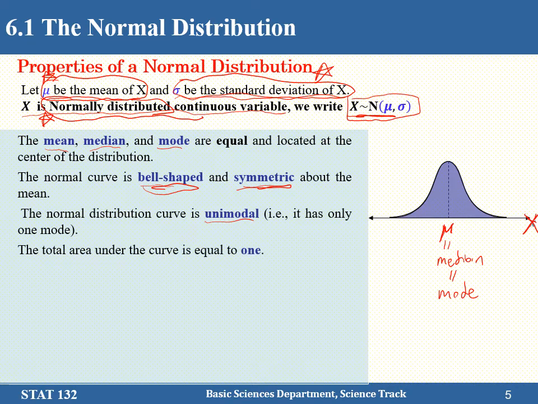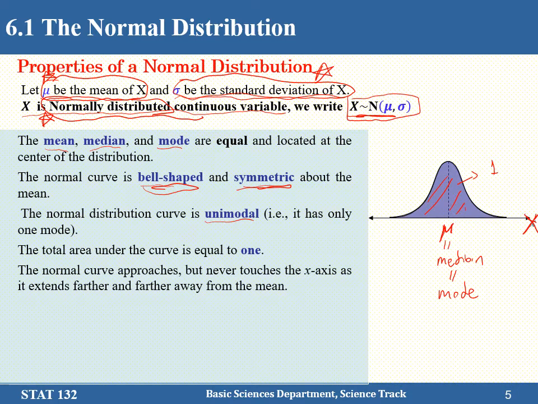And the total area under the curve is equal to 1. So we already know that this is just 1 here, or in terms of percentage, it's just 100%. The normal curve approaches but never touches the x-axis, and it extends farther away from the mean. The graph is not very exact. It looks good, but it's not exact. Indeed, in the graph you see it's touching the x-axis, but this is not true.